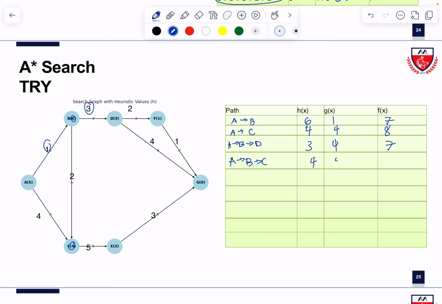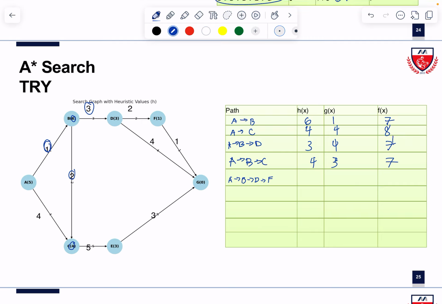But the actual path is ABC 1 plus 2, that is 3. Still 7. Tama ba? So let's review A. Ang heuristic niya is from A to C, that's 4.